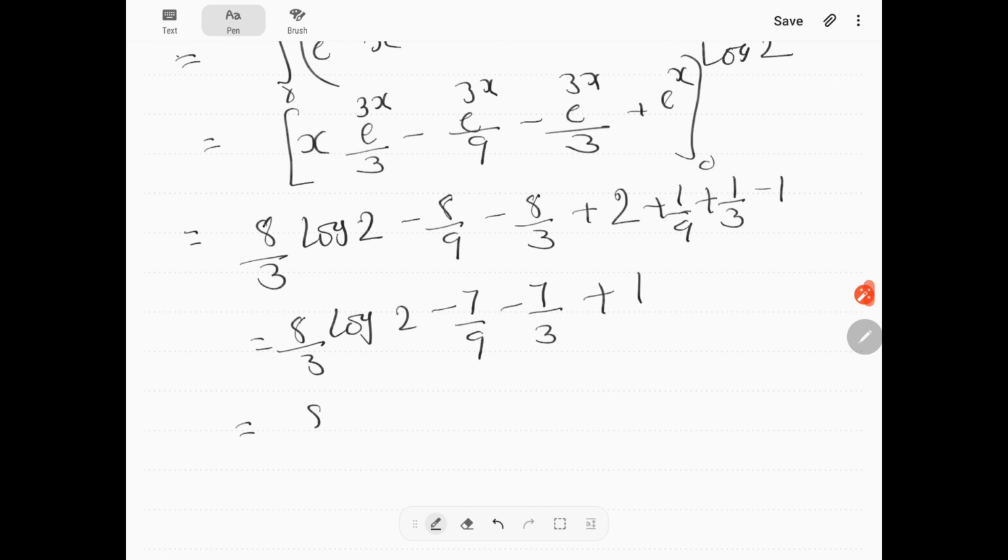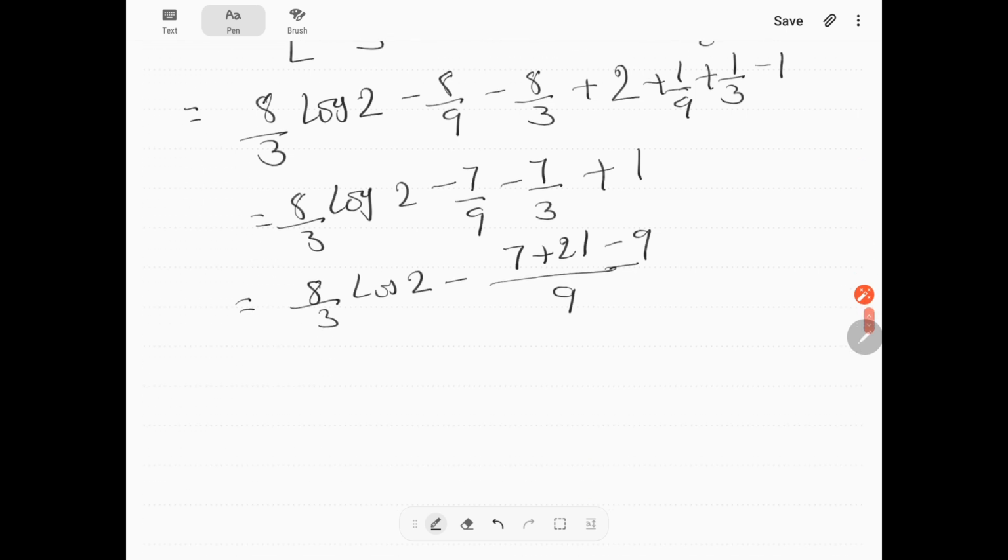So this is 8 by 3 log 2, and here 9 is the LCM. I can take 9 as the LCM: this will be minus 7, this will be plus 21, and this will be minus 9.